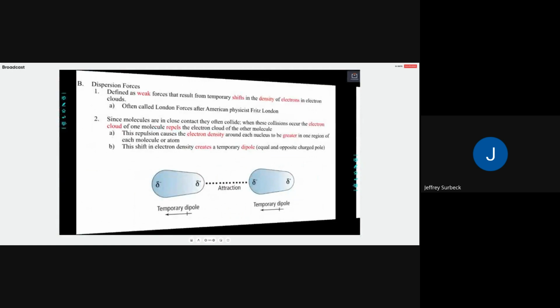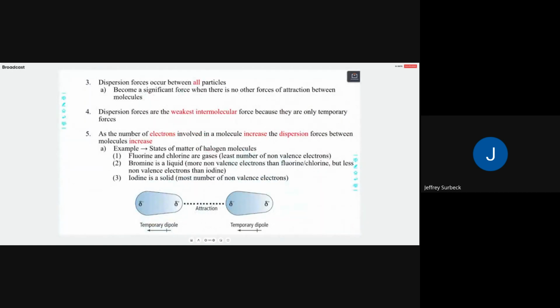All right, so next thing here is this. Like I said, take a couple slides here. Every single state of matter, because they have protons and because they have electrons, are going to experience our dispersion forces. Because they're temporary and everything goes back to normal, these are the weakest intermolecular forces, okay?